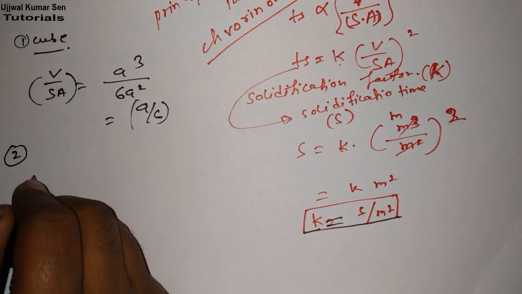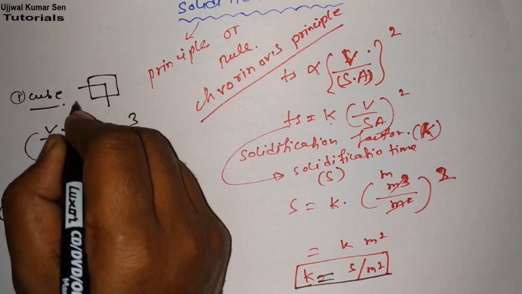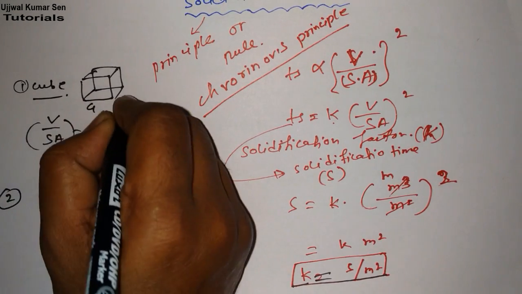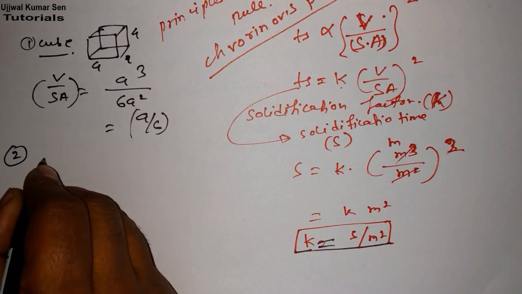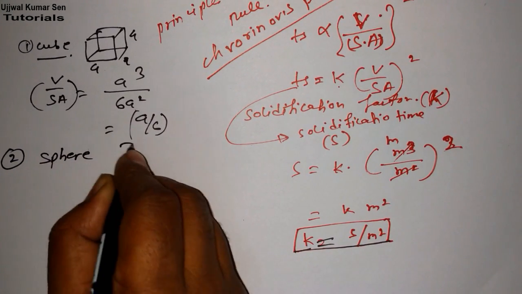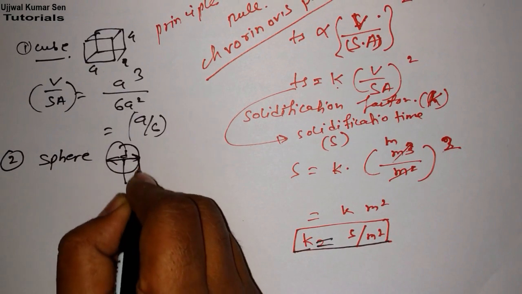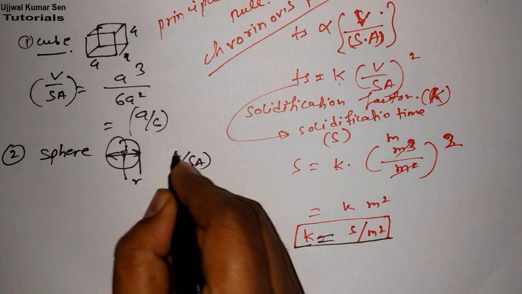What is a cube? Let me share with you first. Probably you forgot. This is a cube, whose length, breadth, and height, all three are the same. Now let's go for a sphere. Suppose this is the sphere, this is the diameter and its half part is known as the radius.